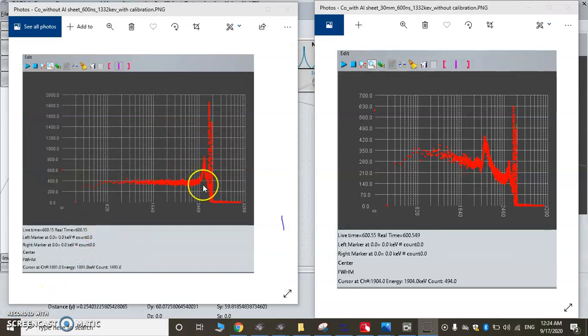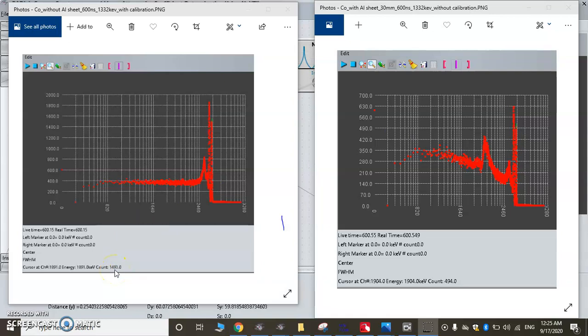Here are the experimental results for source 2, that is the cobalt 60 source. Here are the counts for the energy 1332 kiloelectronvolt. These are without the aluminum sheet, and these results are for part 2 with the aluminum sheet.